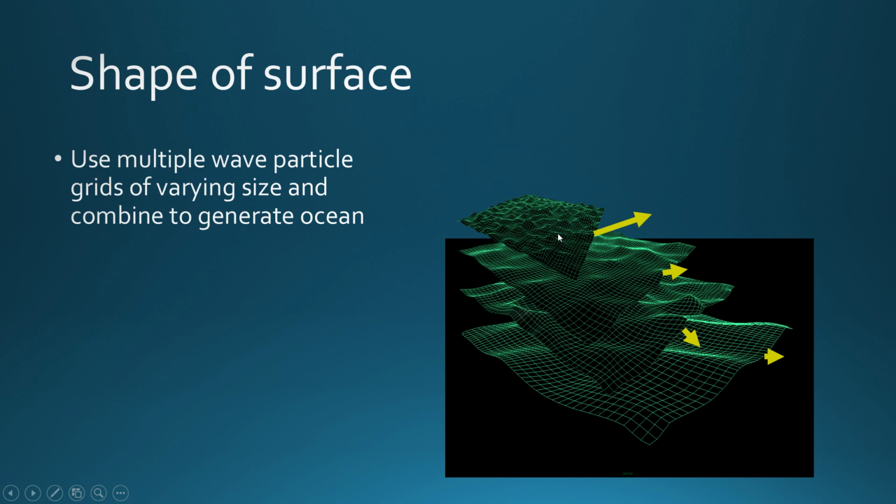This will also feed into what I'm going to talk about next, but it makes it look pretty realistic because you can have these huge swelling waves as well as the smaller stuff that's happening to the ocean, and it makes it look a lot more natural when you have all that combined together.